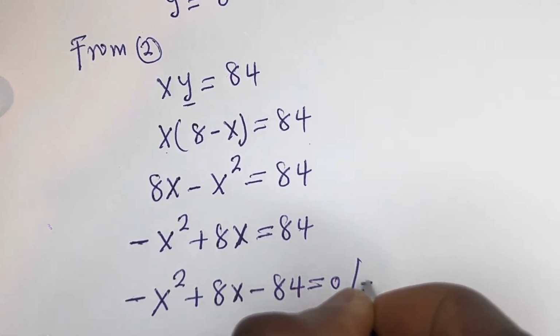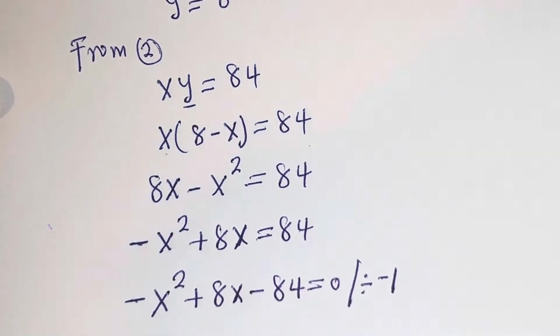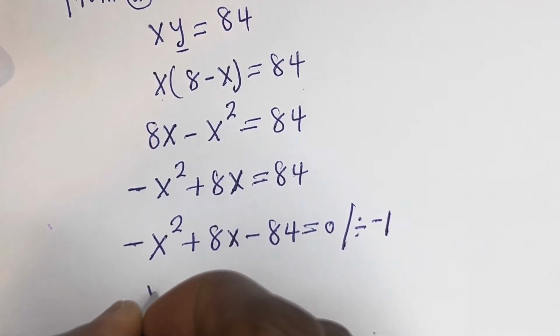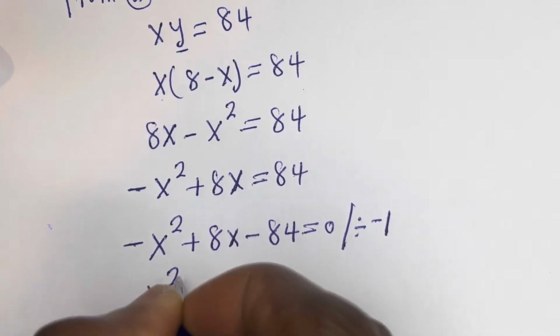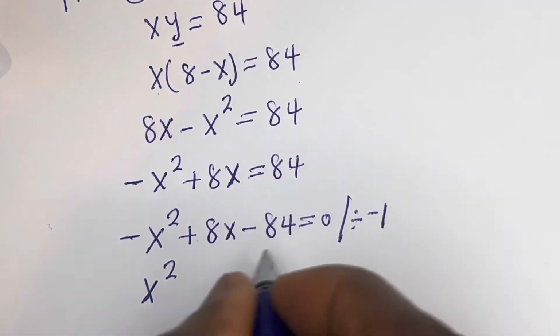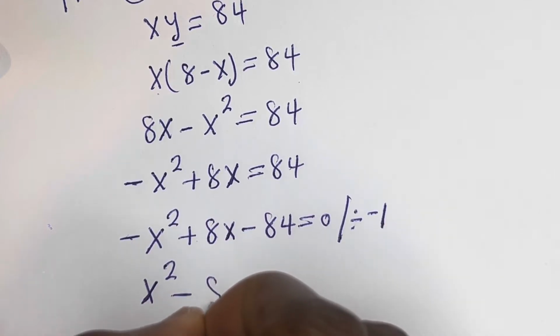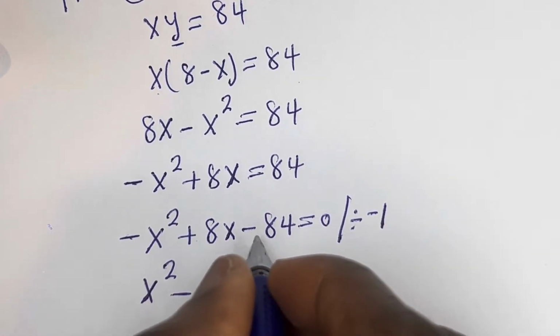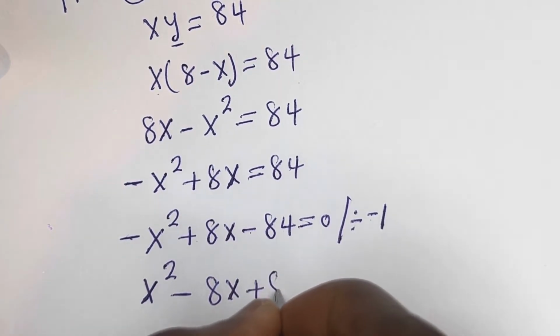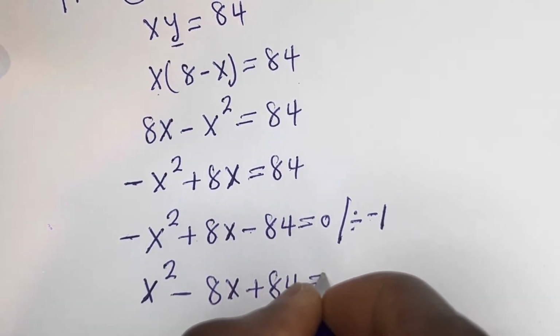Let's divide all through by minus 1. Minus s squared divided by minus 1 is s squared, then plus 8s divided by minus 1 is minus 8s, and minus 84 divided by minus 1 is plus 84, is equal to 0.